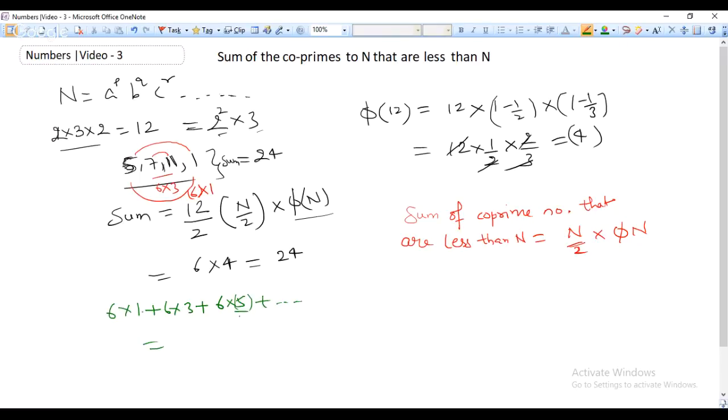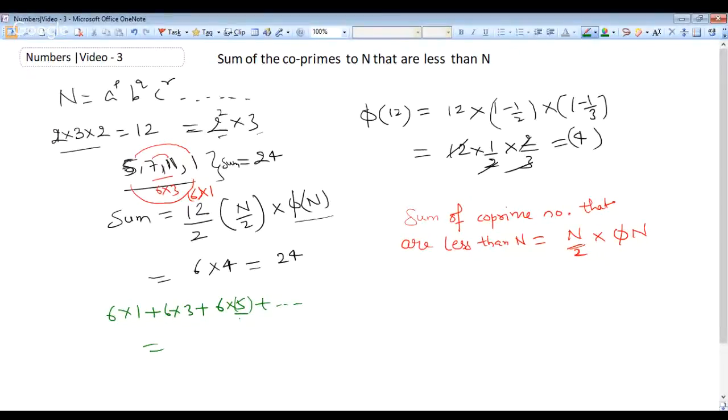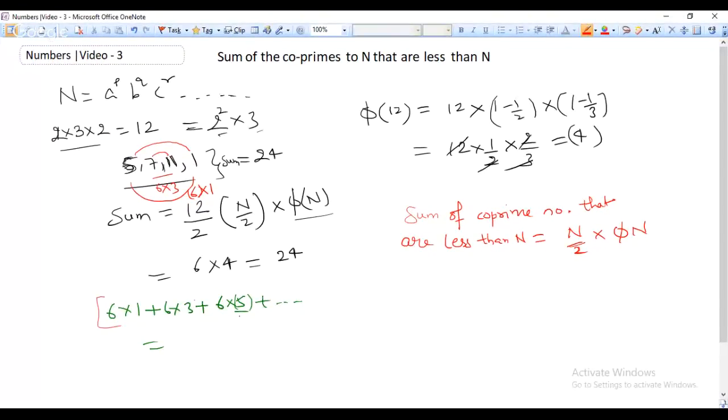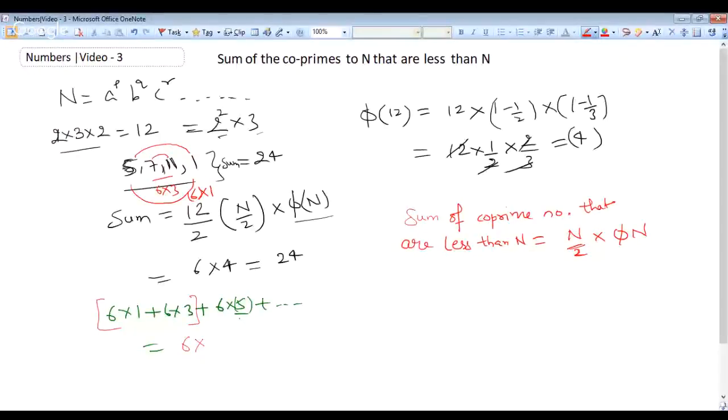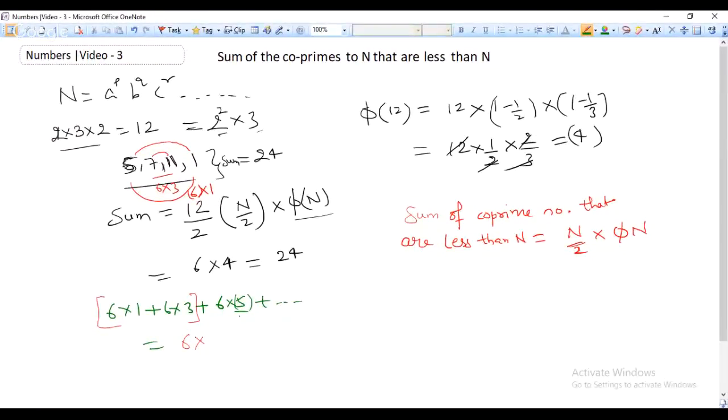So what are we getting here? These pairs were to be included, so this will be 6 into 4. It is 24. That's it.